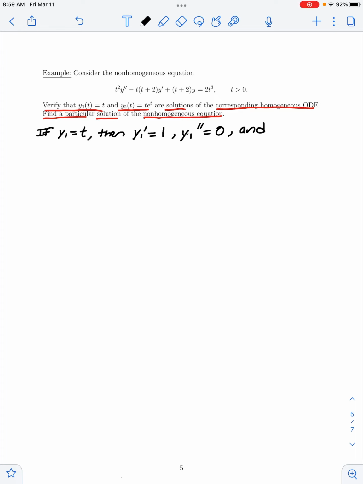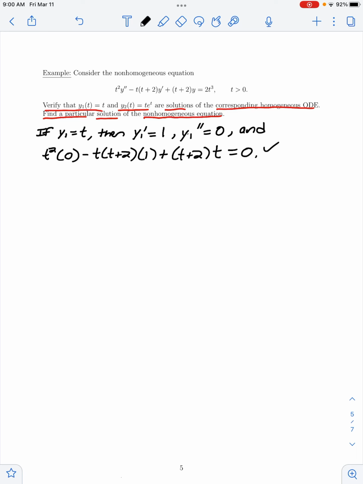And so substituting into our differential equation, we would have t squared times the second derivative, which was 0, minus t times t plus 2 times the first derivative, which was 1, plus t plus 2 times y, which was t. And so we have t times t plus 2 minus t times t plus 2, which leaves us with 0. So this is indeed a solution of the corresponding homogeneous equation.